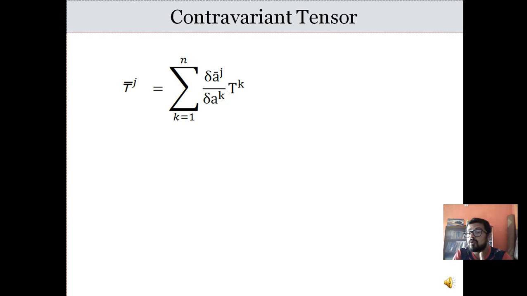This is our contravariant tensor definition.